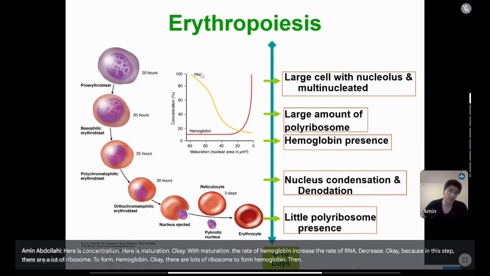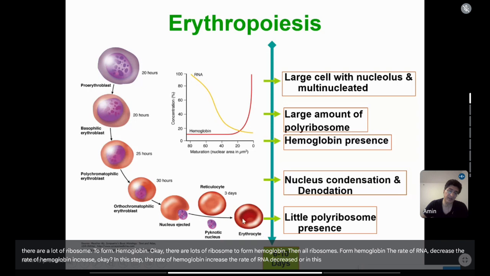When all ribosomes form hemoglobin, the RNA decreases and the hemoglobin increases.